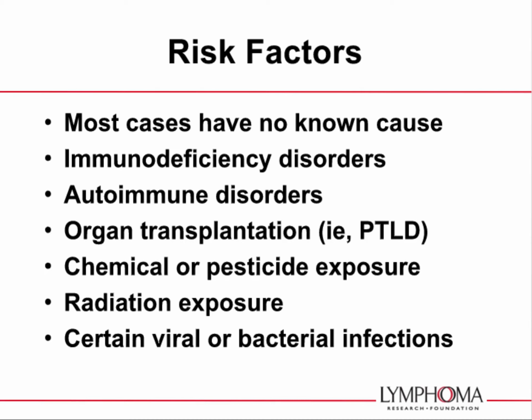In other words, anyone who receives an organ transplant, like a heart, kidney, or liver transplant, has to go on immune suppressant medication so your body doesn't reject that organ. So once you go on immune suppressants, your risk of lymphoma goes up quite a bit. We call that PTLD if that's diagnosed in that context.